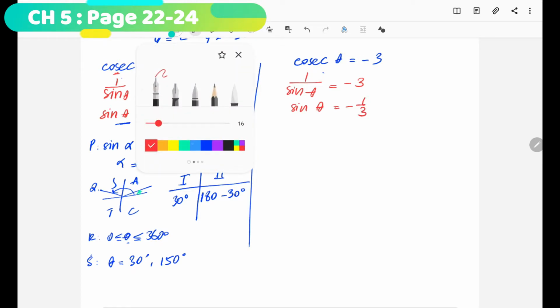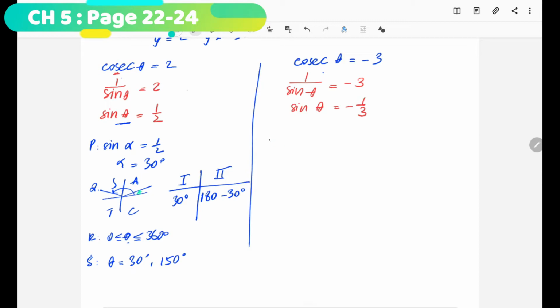So, untuk principal angle ataupun basic angle saya, so, sin alpha equal to negative 1 over 3. So, alpha, for this one, untuk calculator, okay, so just to remind you, for the calculation, masuk shift sign without the negative sign. So, hanya shift sin 1/3, awak akan dapat 19.47.